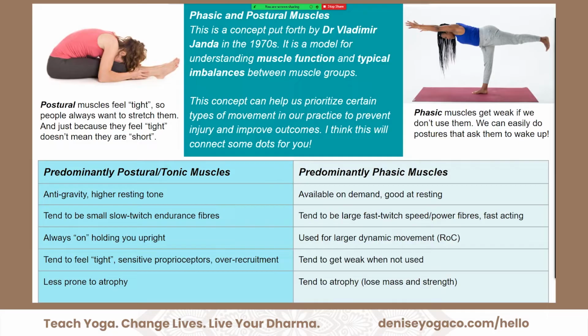With consistent, persistent training, you can change these things. But in the natural state, certain muscles that are postural in nature have these certain characteristics. And then we'll compare that to the phasic muscles, okay? So you're going to have certain muscles that are predominantly phasic. So postural and phasic. Depending on the characteristics, we're going to bring in a bit more understanding, hopefully.